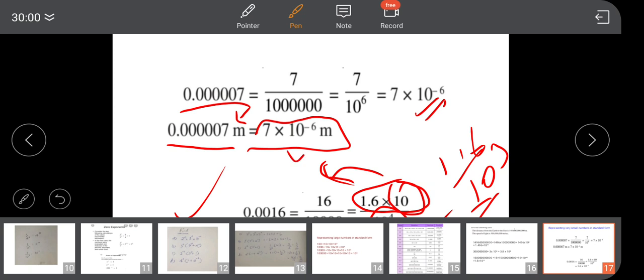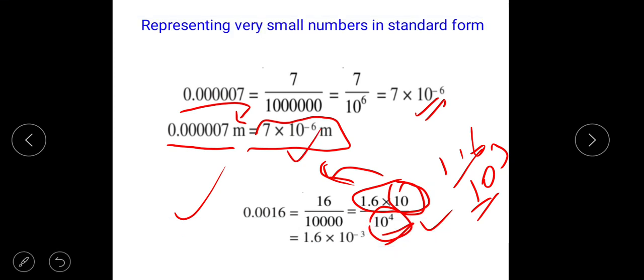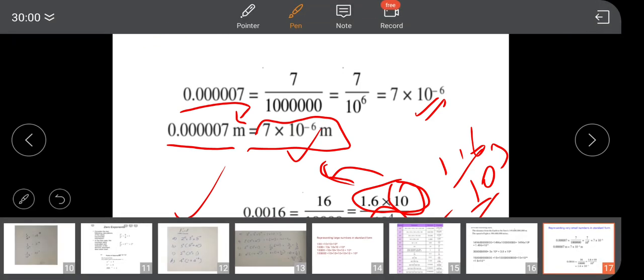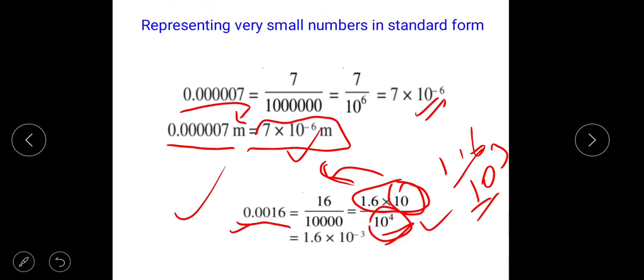So the answer is 10 raised to minus 6. In the second question, after the decimal point, we want to get the point after 1, before 6. So how many numbers before 6 and after the point? 3 numbers. So the answer is 10 raised to minus 3, right?